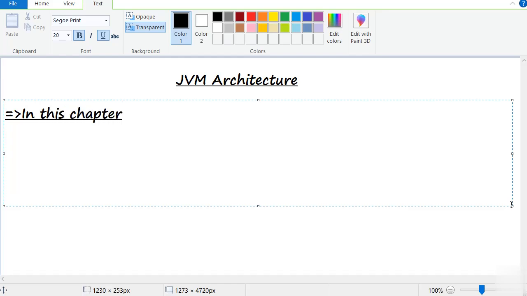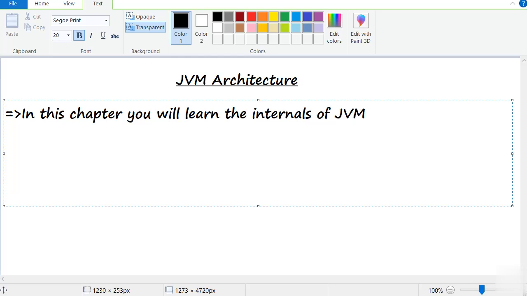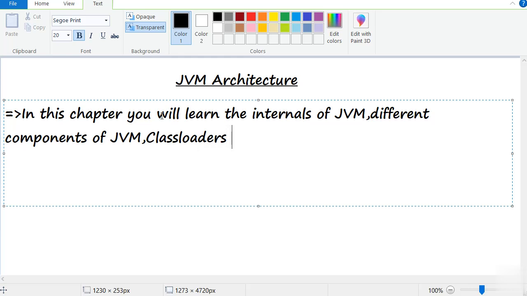In this chapter, you will learn the internals of JVM and different components of JVM, and we will see what class loaders we have in JVM, the class loader subsystem.